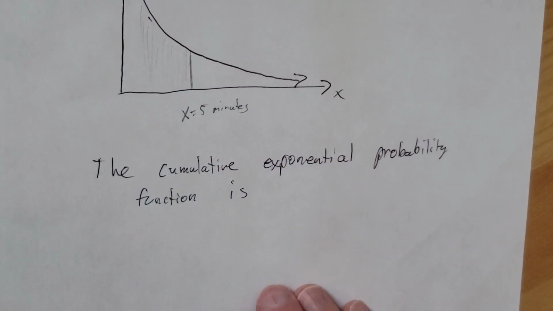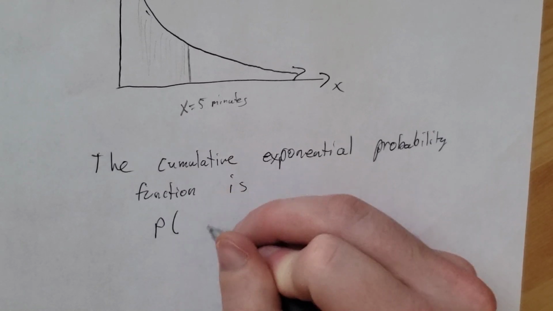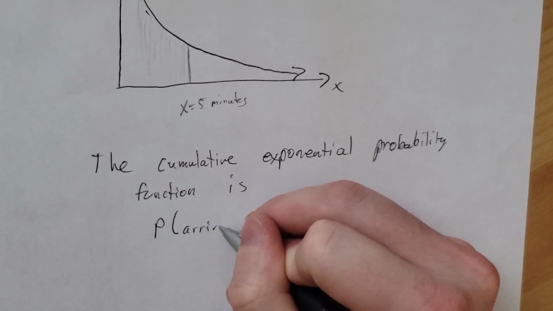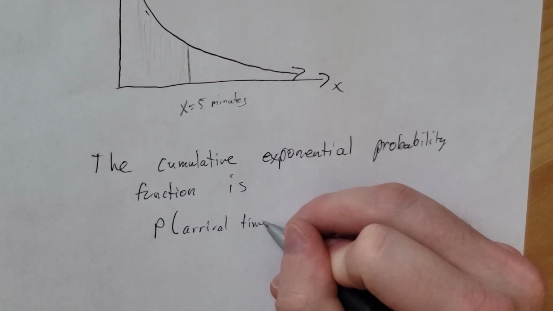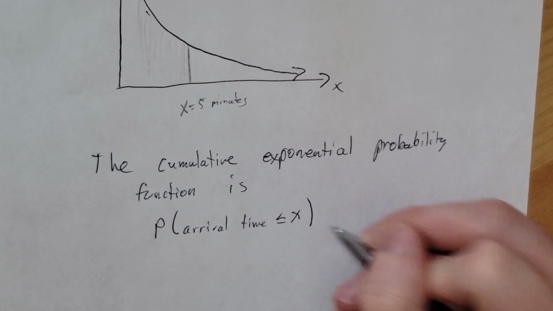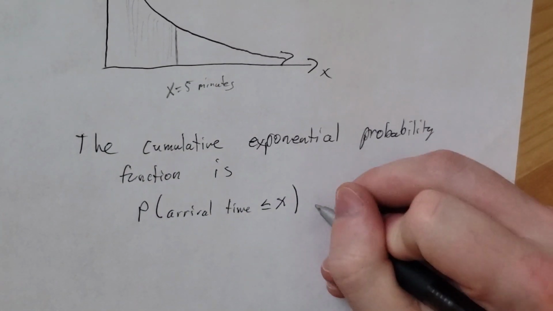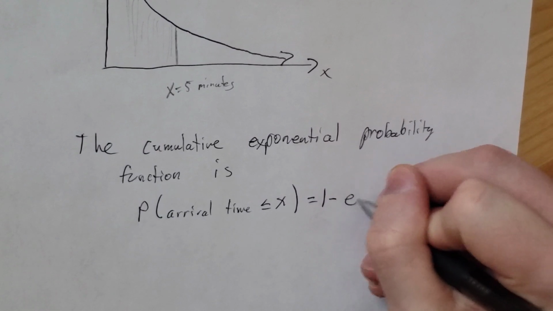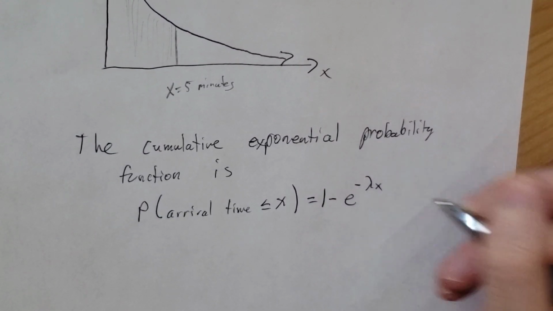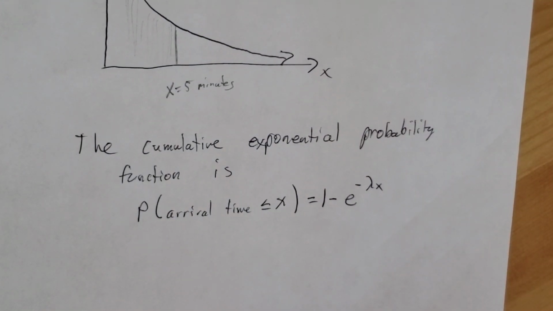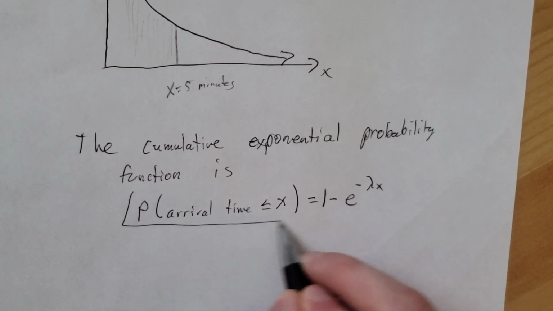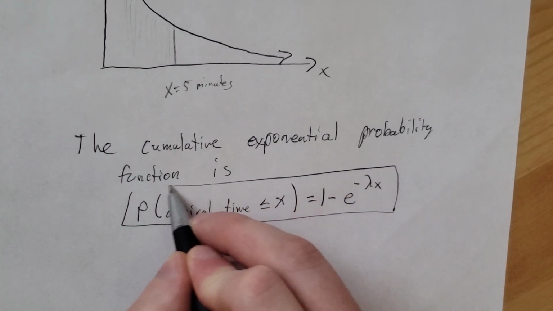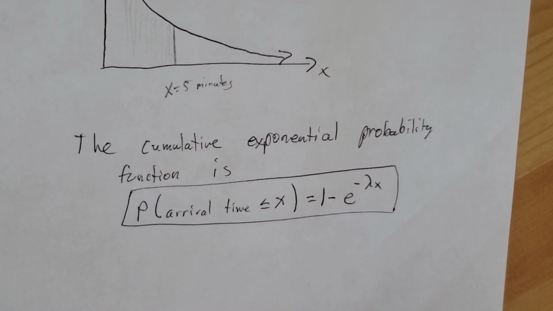It is given by the probability that the arrival time is equal or less than some value x, and that is 1 minus e raised to the negative lambda x. So this is the function that we're going to be using for every single problem that we do in this section.